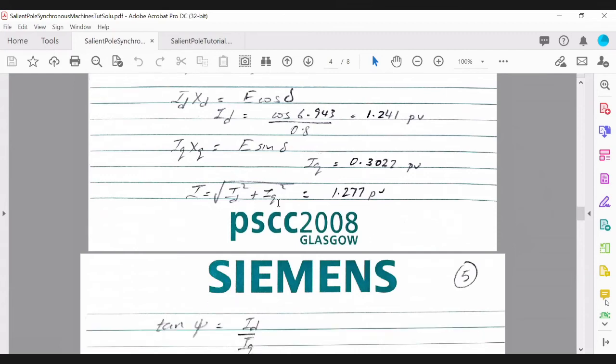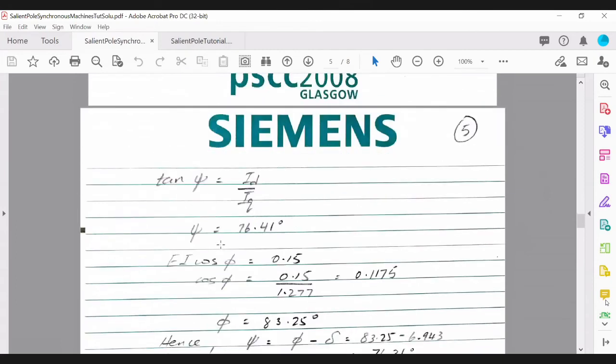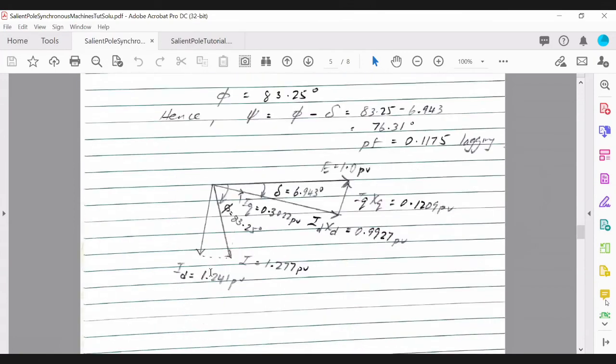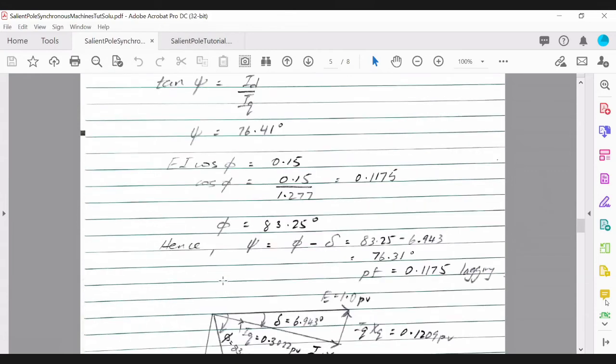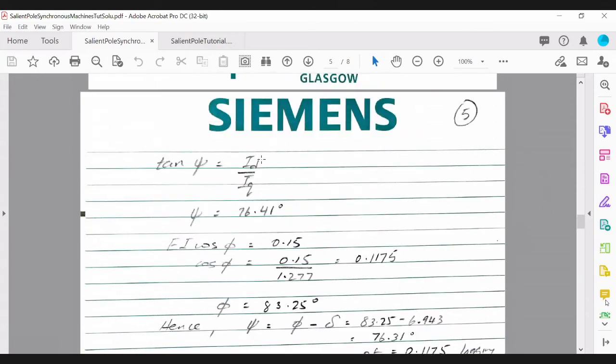So using ID and IQ, and also, as you can see there, I've determined the angle phi. So this angle between I and your terminal voltage: tan phi is the ratio of ID over IQ, and I've solved for this angle, right?